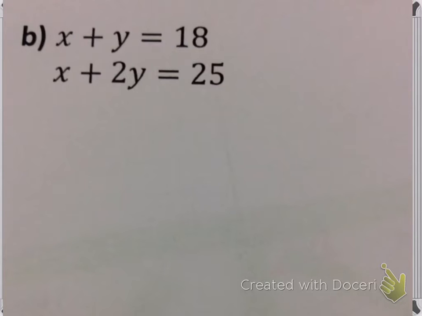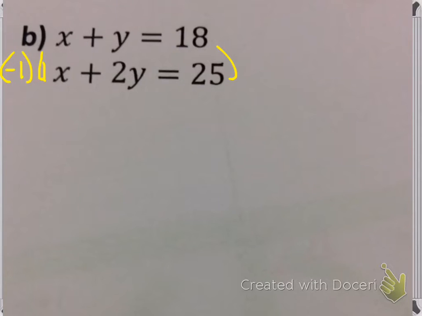I want to figure out what I need to multiply one of the equations through by to get them to cancel. Well, if this is a positive 1 out here, if I take negative 1 and multiply it through the entire equation, then it will give me that negative x that I need to be able to add straight down and cancel. So this is the way I like to do it. I like to find the number I need to multiply through by, and I like to multiply through by it on the equation.